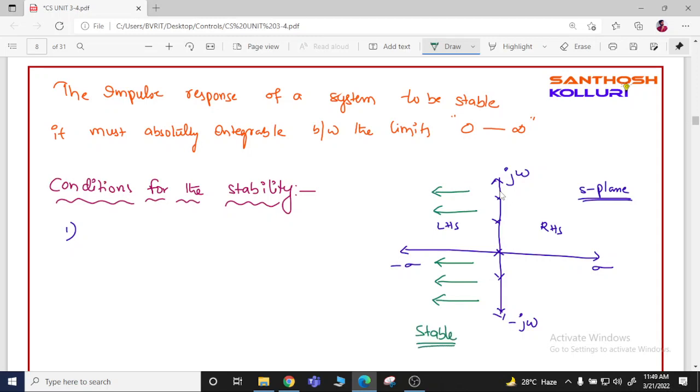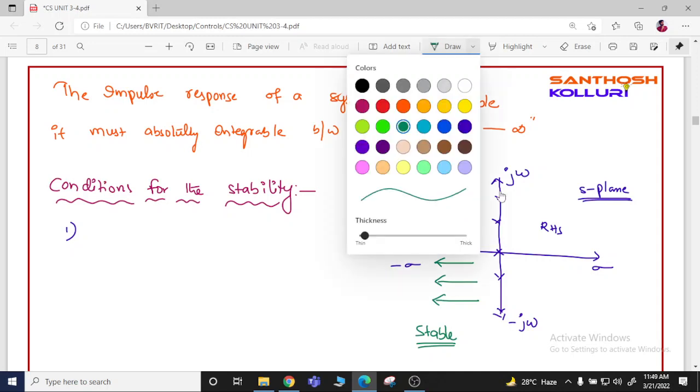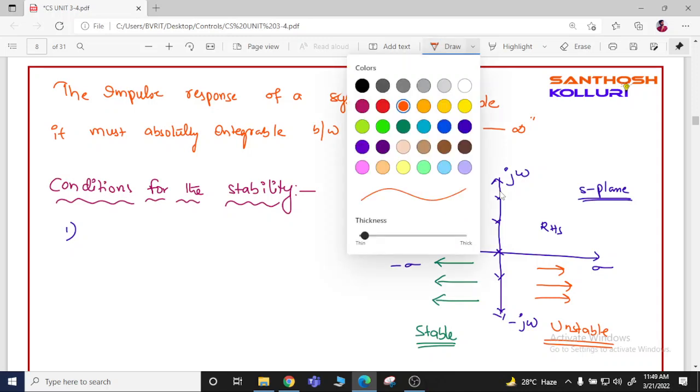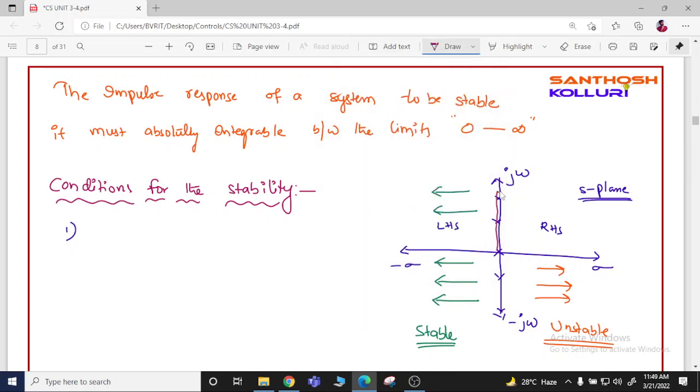And if at least one pole is lying on the right side of the S plane, this system is called an unstable system. If at least one pole is lying on the imaginary axis, this system can be called a marginally stable system.